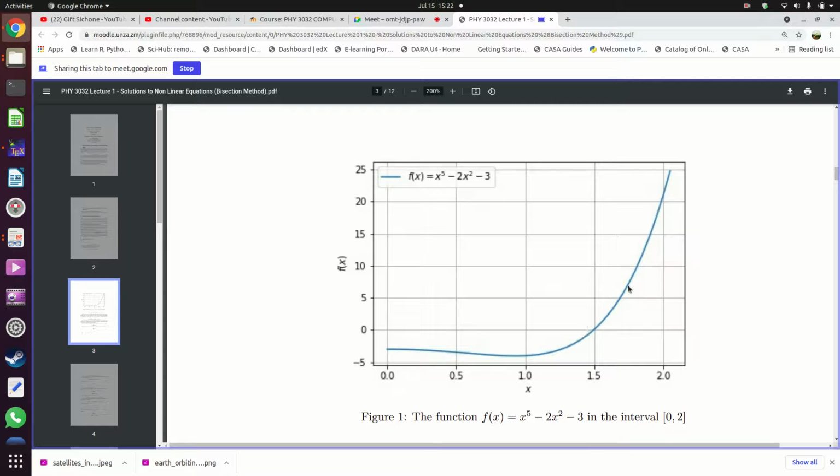Our interest is only in this interval, 0 to 2, starting from 0 here to 2. And as you can see, this particular function cuts the x-axis somewhere there. So with a simple plot of a graph, we can see that there is a solution to this particular function in the interval we have chosen. Are we clear?